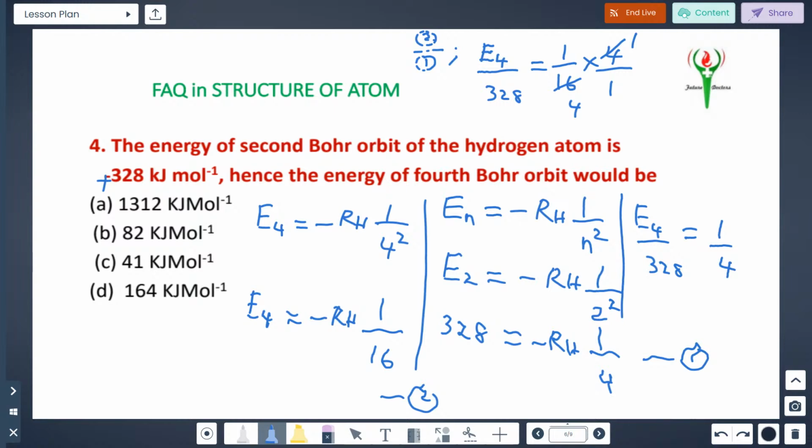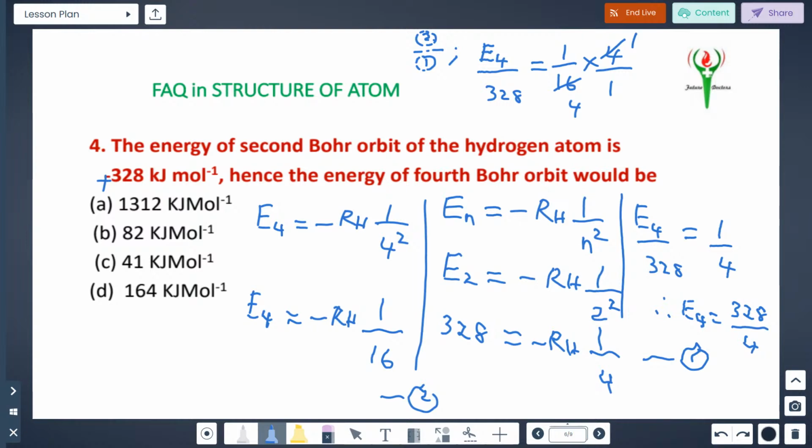E4 into 4 is equal to 328 into 1. So actually E4 is equal to 328 by 4. Therefore E4 is equal to 328 by 4. If you simplify, you can get the answer.